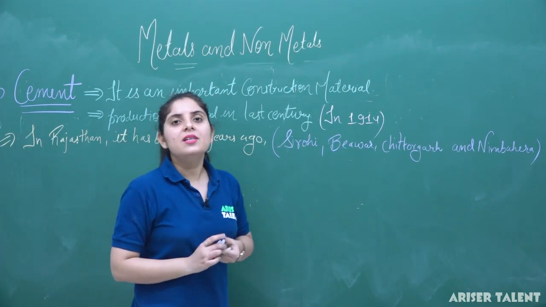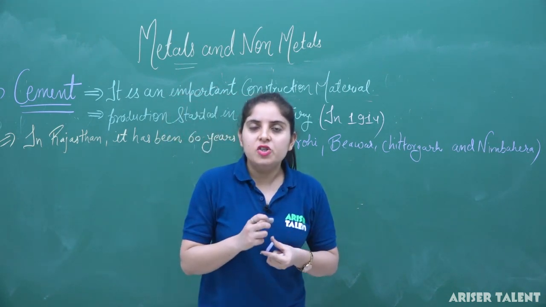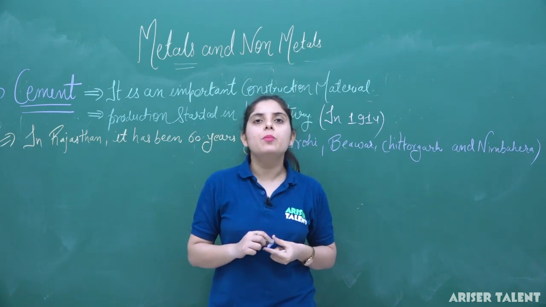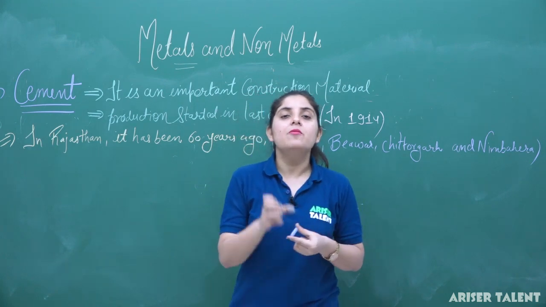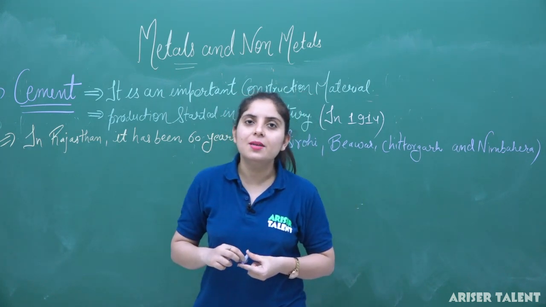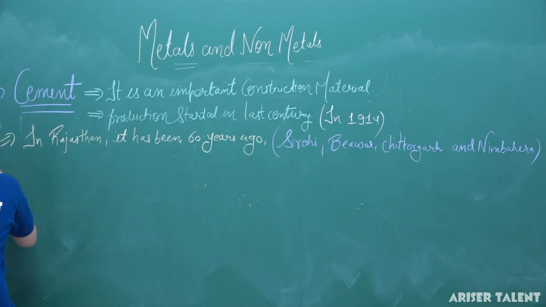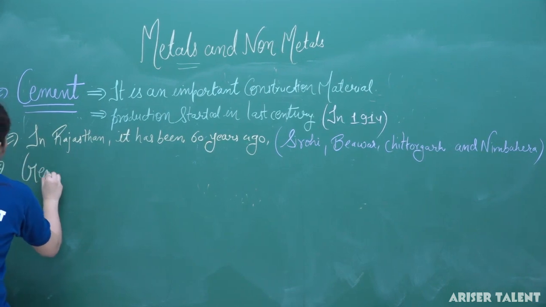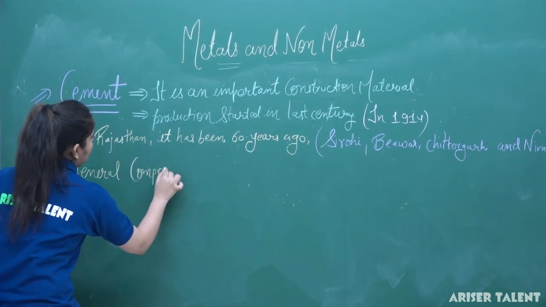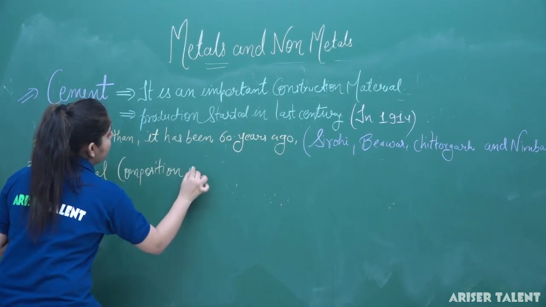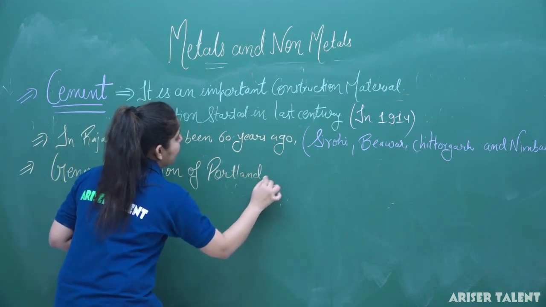Now the general cement basically consists of clay, lime, that is called calcium oxide, and sand in the requisite proportion, and the oxides of iron, alumina and some more compounds. But we have a general composition for the Portland cement.